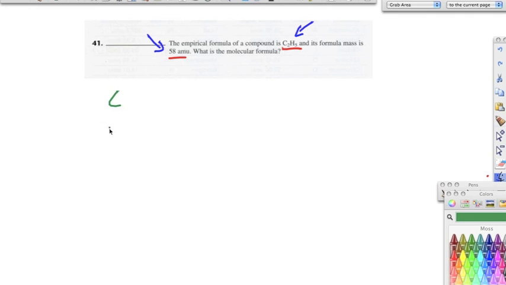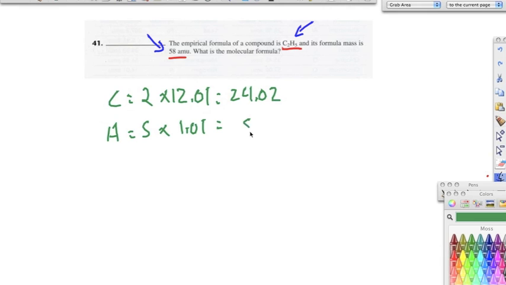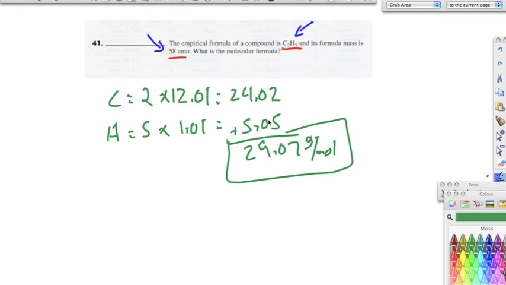So we set it up: we have carbon and hydrogen, with 2 carbons and 5 hydrogens, and multiply them by their atomic mass on the periodic table, 12.01 for carbon and 1.01 for hydrogen. Multiply those out, and we'll get 24.02 and 5.05. Add those up to get the molar mass of the empirical formula, which is going to be 29.07. We take this molar mass of the empirical formula and divide it into the formula mass.